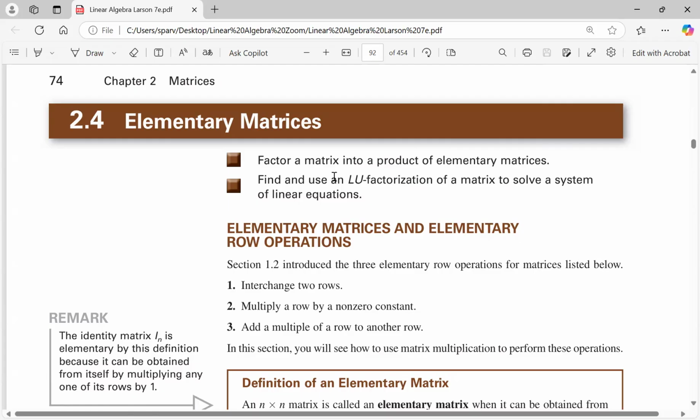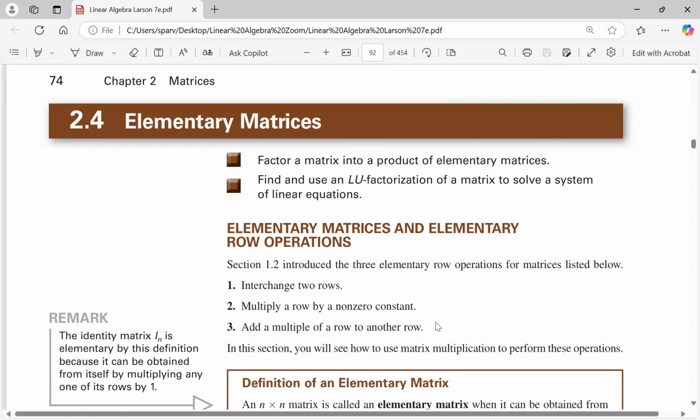So we're going to look at two factoring methods, okay? The one that's really interesting is the LU factorization. That's kind of where we want to go with this. The L stands for lower, U stands for upper. So we have lower and upper matrices.